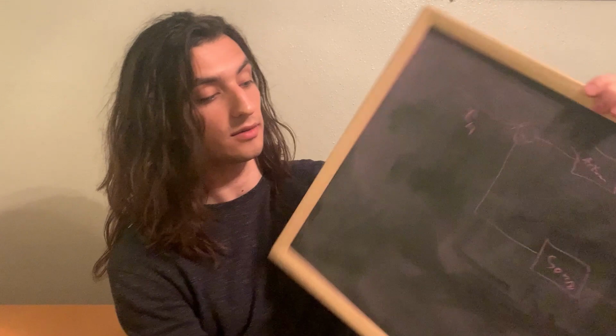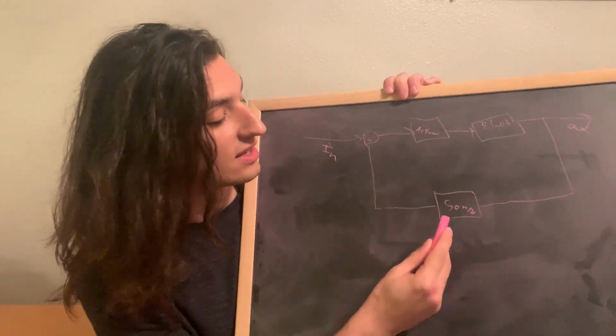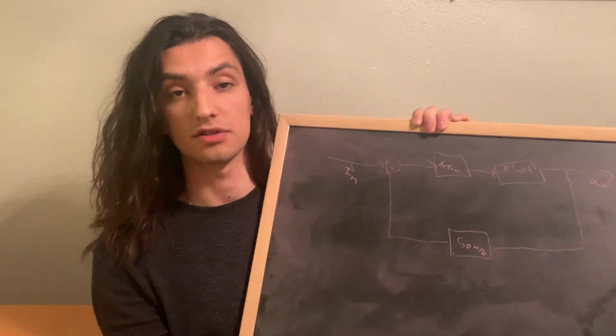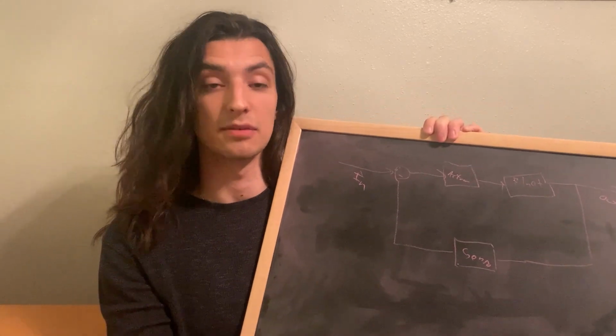Now, you might be wondering, how does this feedback loop relate back to our math? Well, each of these blocks is representative of a transfer function, which is something that's in Laplace.